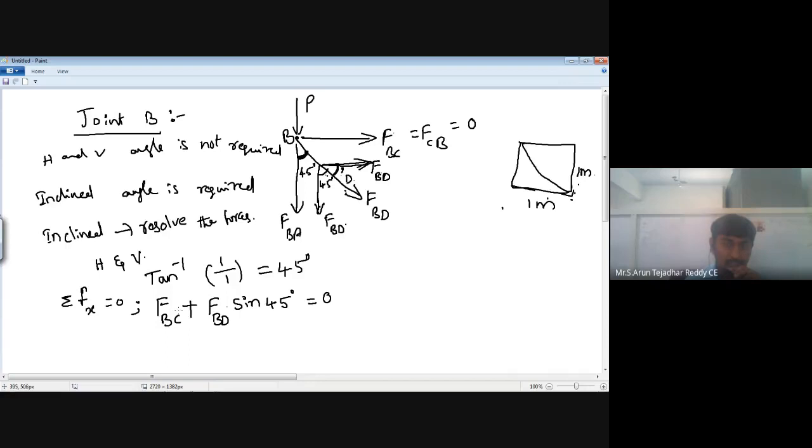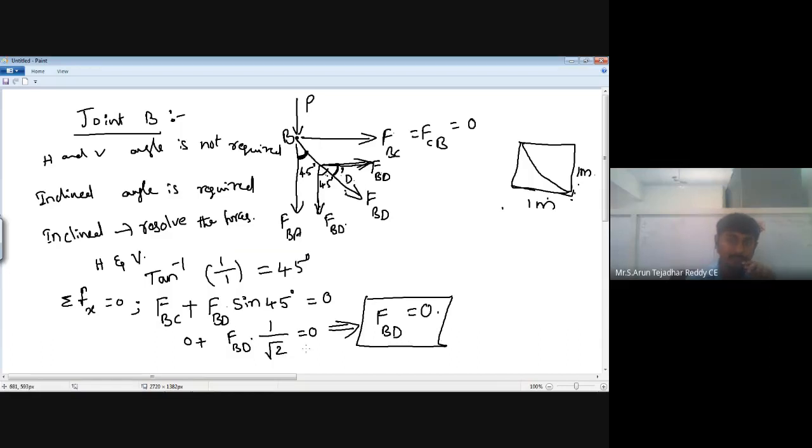Now already we know that FBC value is already 0. 0 plus FBD, and what is the sine 45 degree here? Once you open your calculator, then enter sine 45, then your value is 1 by root 2 is equal to 0. So then FBD is equal to 0. So your fifth member is FBD. FBD is 0.